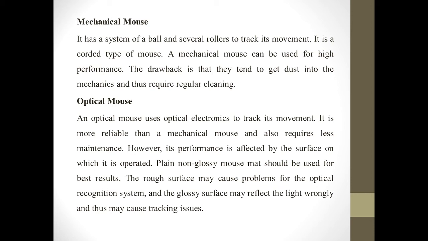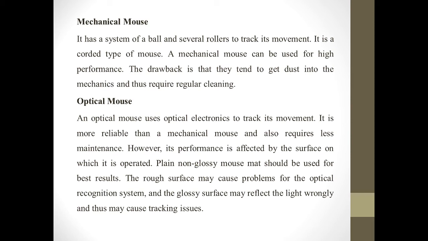The drawback is that they tend to get dust into the mechanics and thus require regular cleaning, and this cleaning is not easily done. So, some changes happened in the mechanical mouse and the optical mouse was created.